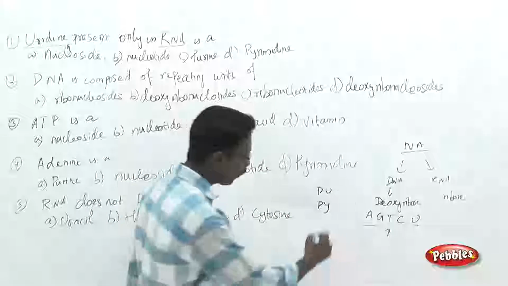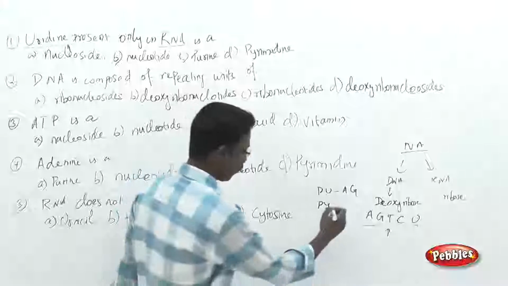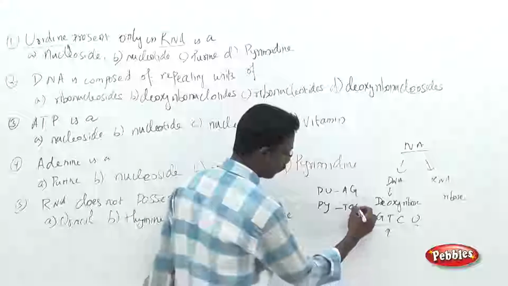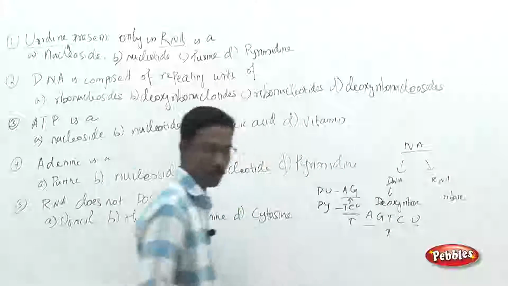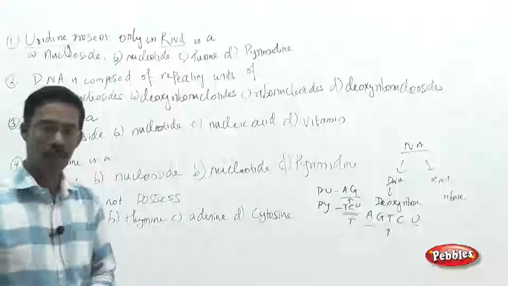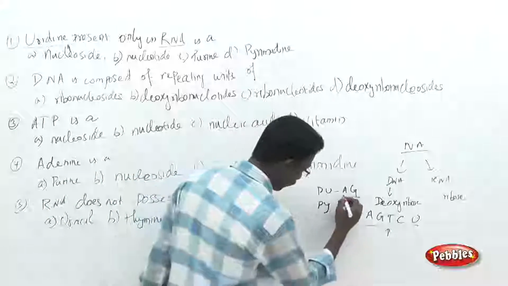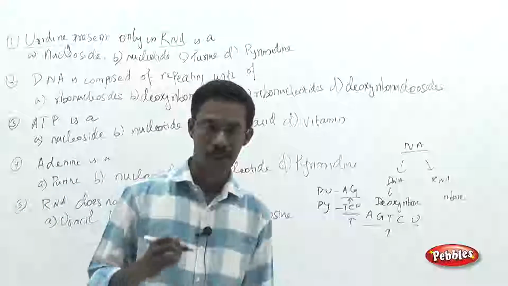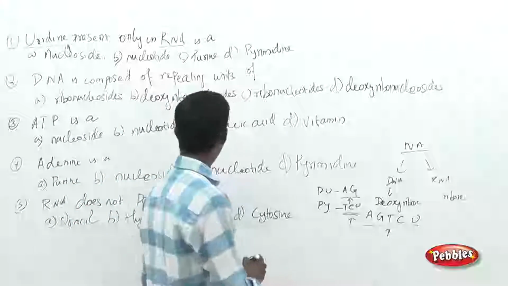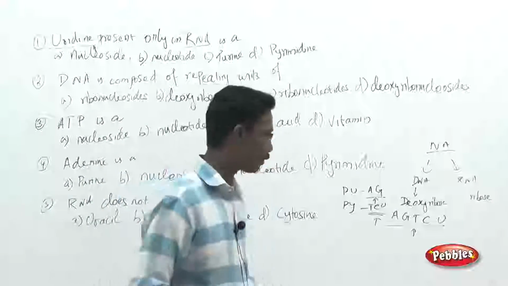Adenine and guanine are purines; thymine, cytosine and uracil are pyrimidines. This is what you have to remember. Whenever you talk about a nitrogenous base, remember adenine, guanine, thymine, cytosine and uracil. But over here the term given to you is uridine, not uracil.